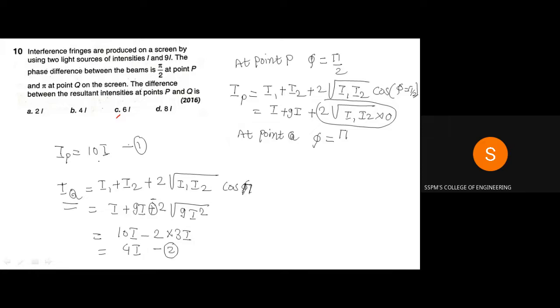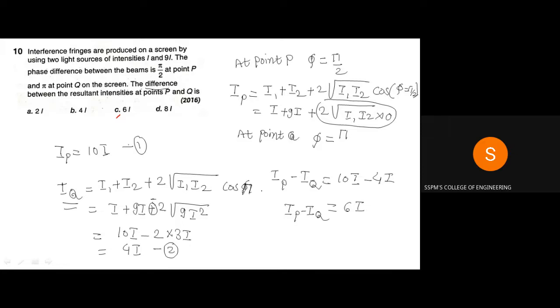Intensity at Q point is 4I. Intensity at P point is 10I. Then they are asking the difference between the resultant intensities at points P and Q. So subtracting, taking the difference between first and second: IP minus IQ equals 10I minus 4I equals 6I. Check whether the option is there.